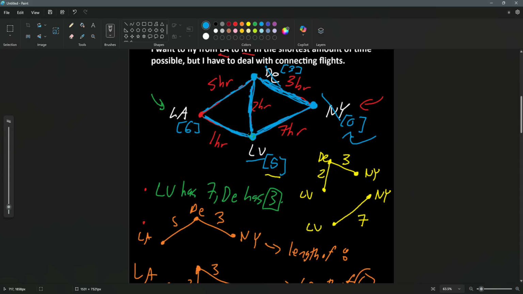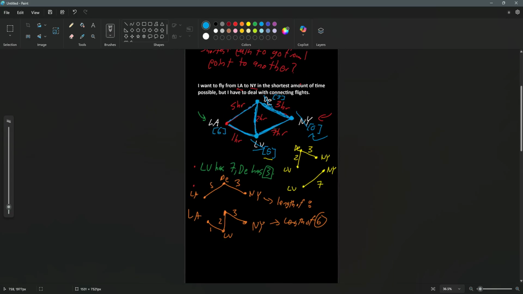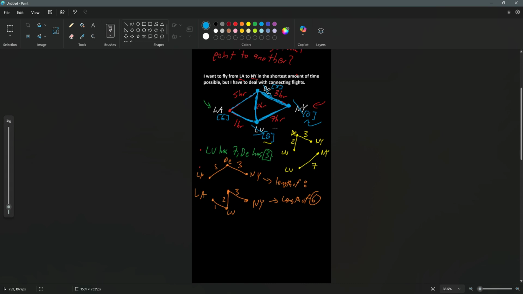We're done talking about Las Vegas because we already touched all the edges it's directly connected to. We're going to call it visited, and we're going to be done. And so we're done with this problem, right? We've looked at every edge, and what did we find? We found that the fastest path from LA to New York is this guy right here. 6 hours. And it takes us from LA to Las Vegas to Denver to New York.